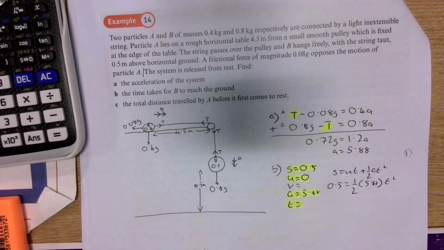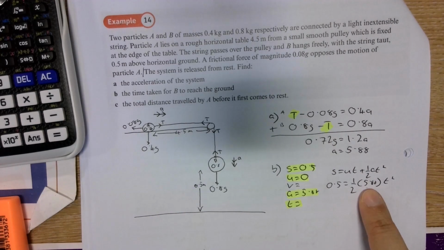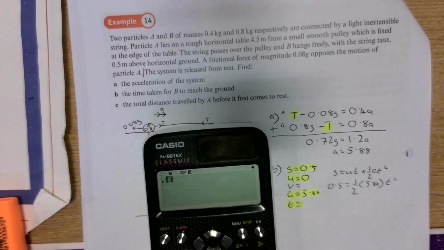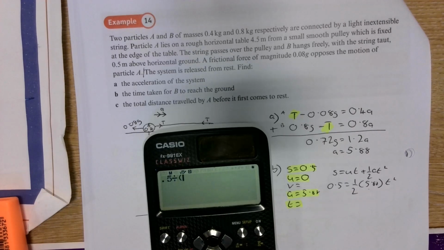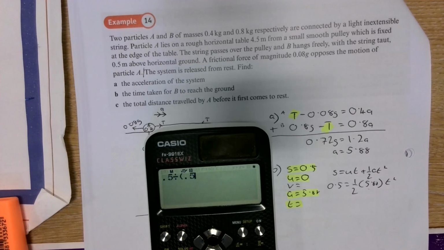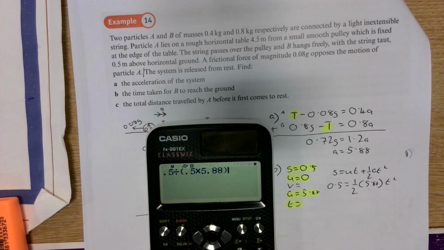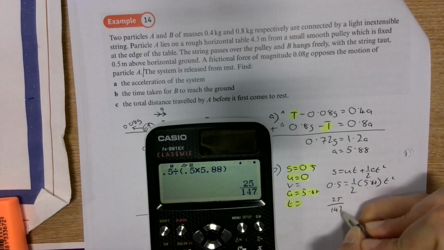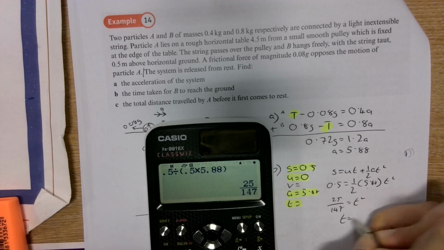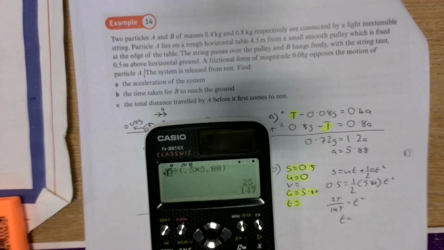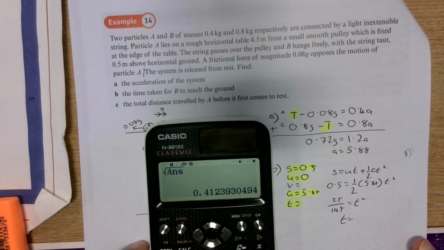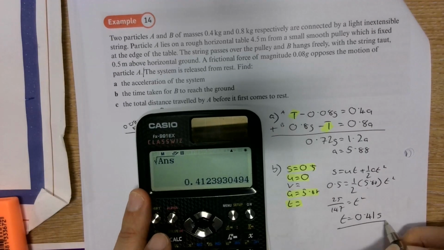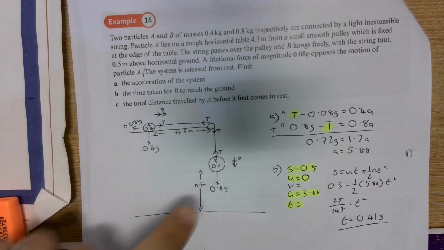So I need to do 0.5 divided by a half times 5.88, and that's T squared. So 25 over 147 equals T squared. So T will equal the square root of that, which gives me 0.41 seconds. Okay, so it takes 0.41 seconds for this thing to hit the floor.